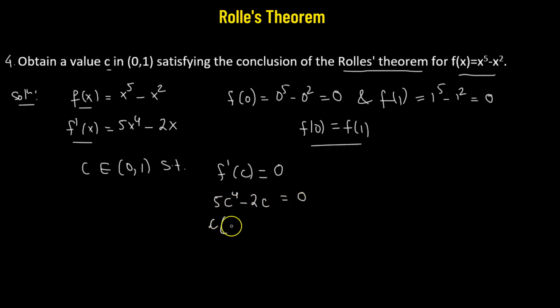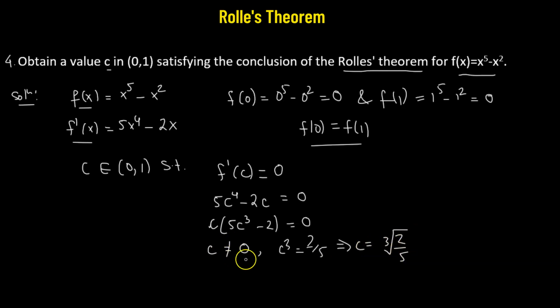We can take c as the common factor. So we have c times 5c cubed minus 2 equals 0. Solving for c, we have c equals 0 or c cubed equals 2 over 5, which implies c is equal to the cube root of 2 over 5.